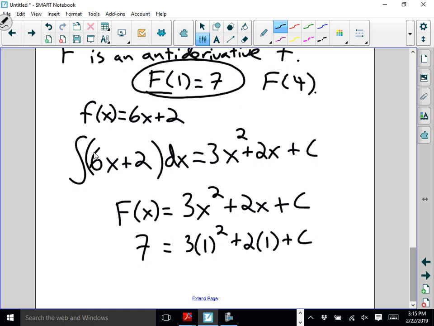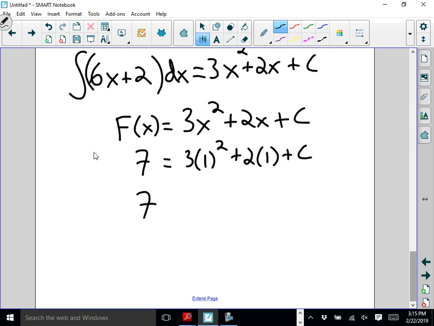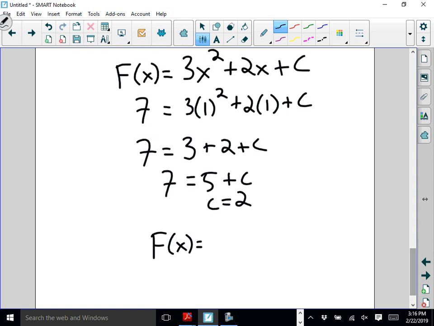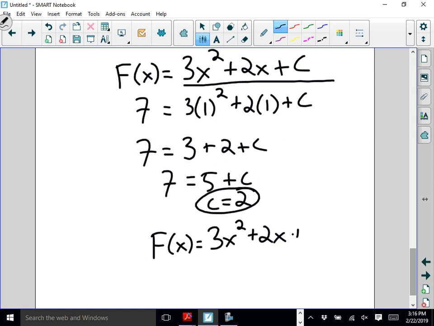I get 7 equals 3 plus 2 plus c. 7 equals 5 plus c, so c must equal 2. Now I figured out the exact antiderivative. So capital F of x must be 3x squared plus 2x, and instead of writing plus c, I now know that c is 2, plus 2. Now I can find F of 4 by just plugging in 4.